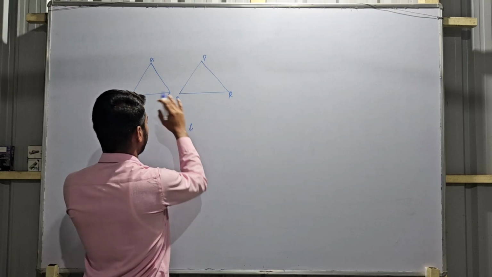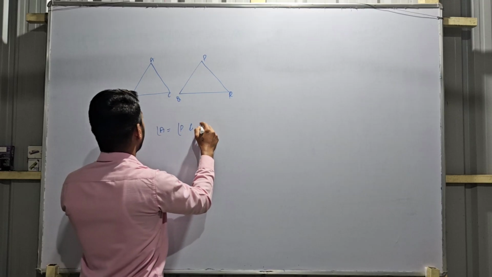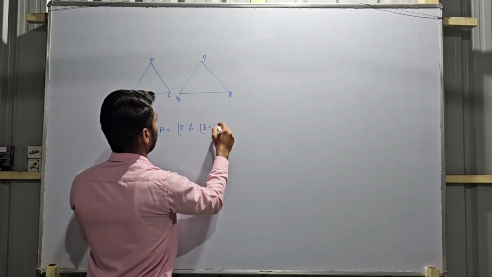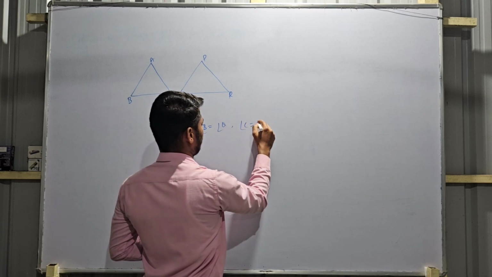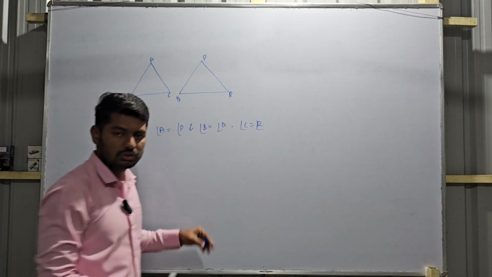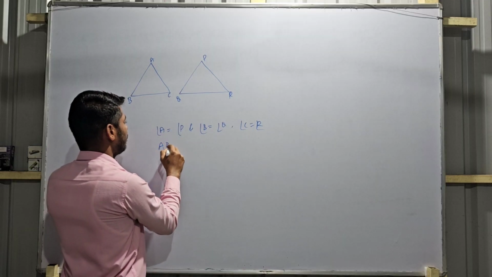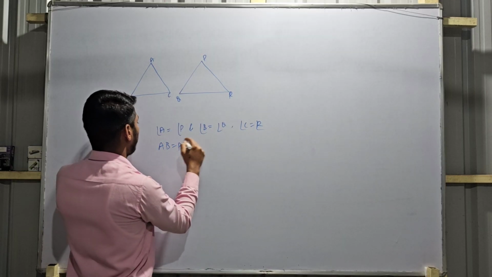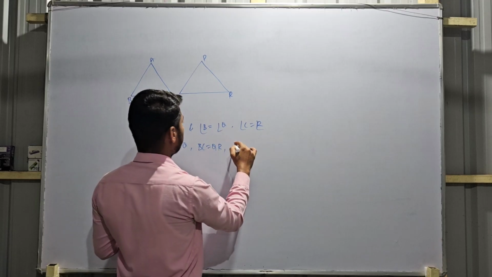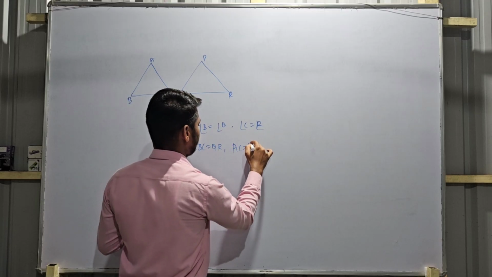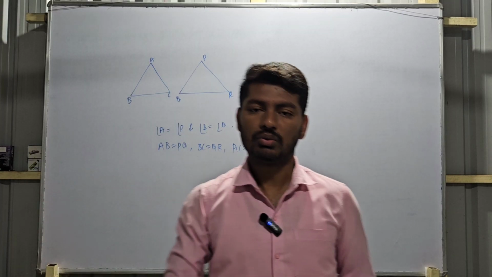Angle A equals angle P, angle B equals angle Q, and angle C equals angle R. Also AB equals PQ, BC equals QR, and AC equals PR. This is what we discussed in our previous video.